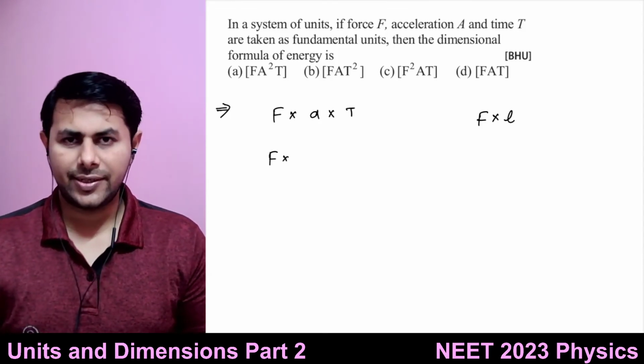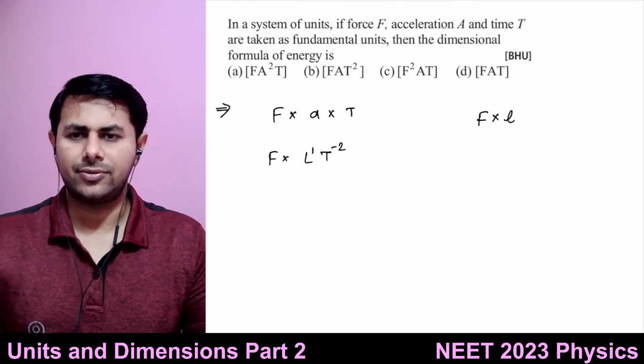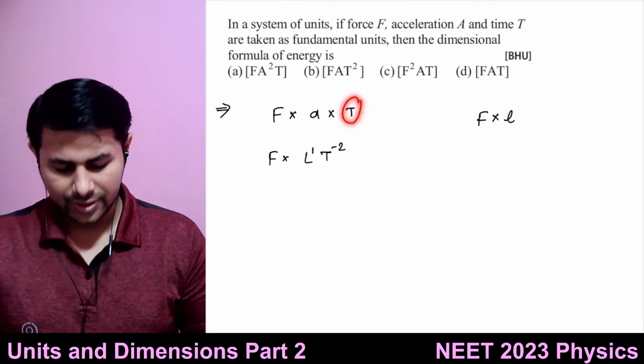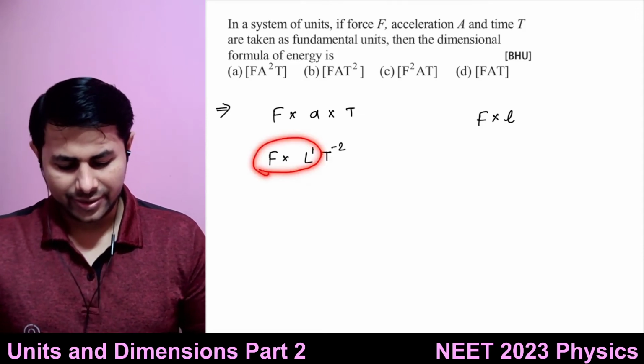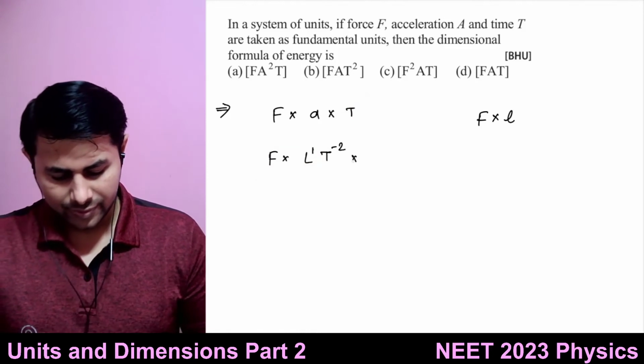We have got acceleration, which is L t raised to minus 2. Now what should we do with this t? We got F and L, this t is there. What should we do? T square.